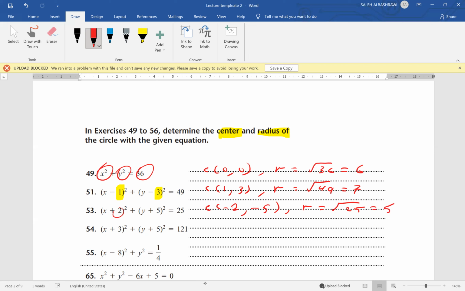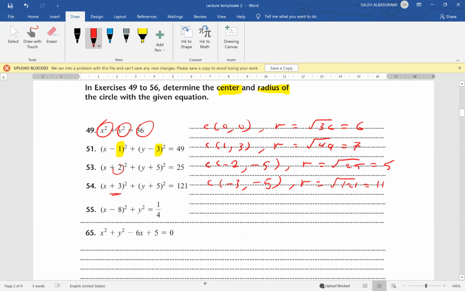Number 54. The center for this equation is given by plus 3, so I will take the opposite sign, it is minus 3 and minus 5. And r equals square root of 121, which is equal to 11.